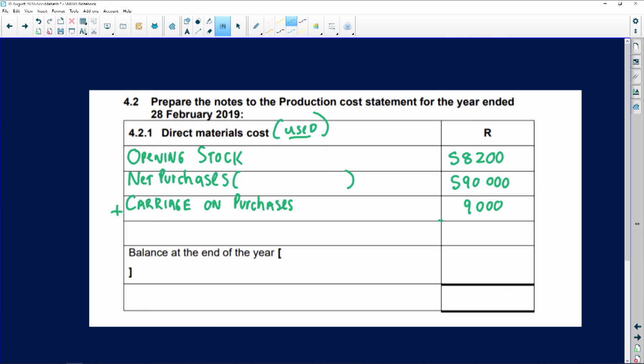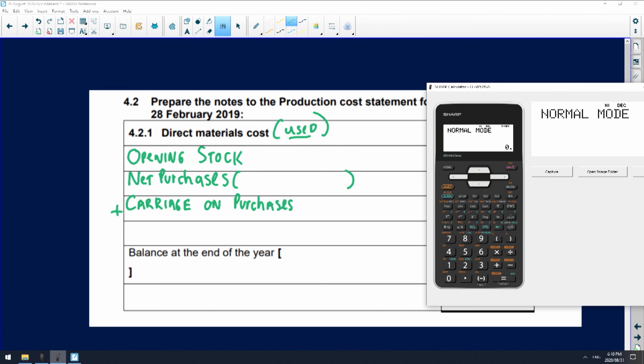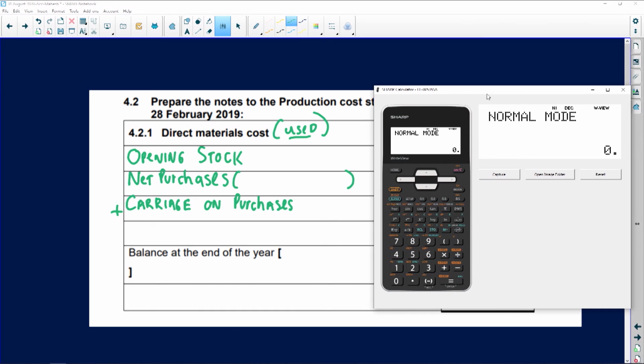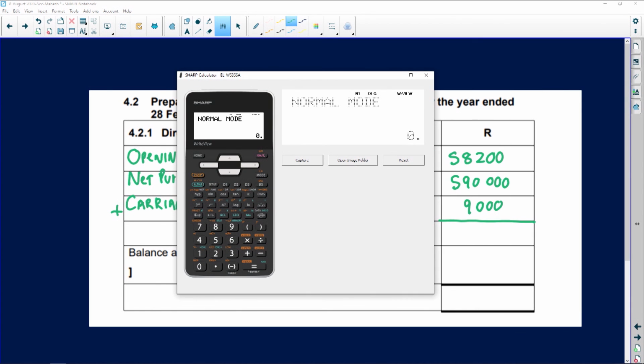Right, so let's now get our calculator out and let's look at the value of our raw materials. So I just want to quickly move that so that you guys can see the screen. So we've got 58,200 plus my net purchases 590,000 plus 9,000.